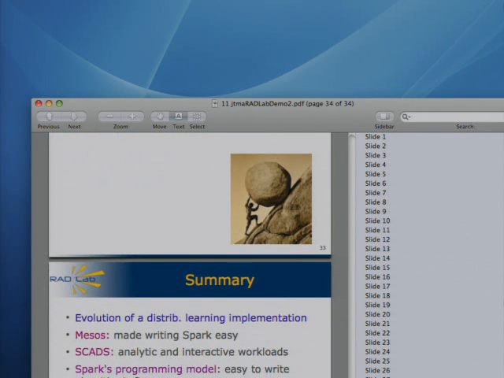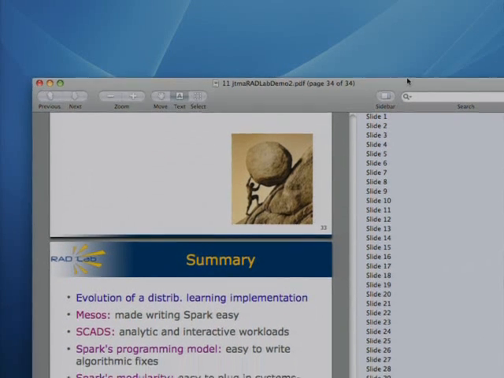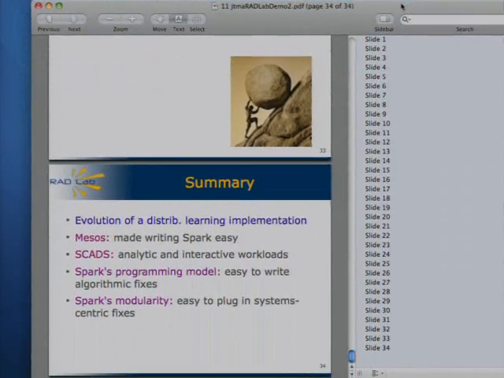But the overall takeaway here, and I thank you all for bearing with me for this. I explained the experiences developing a distributed learning implementation. Mesos made writing Spark easy because of the decoupling of resource allocation from other kinds of functions that you expect from a distributed computation framework.